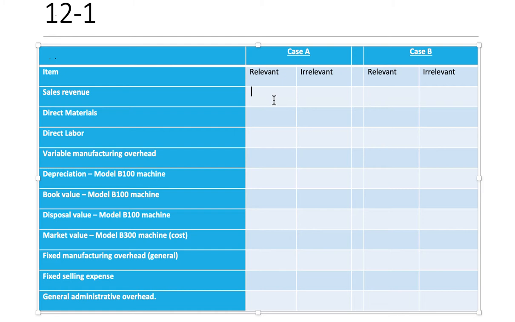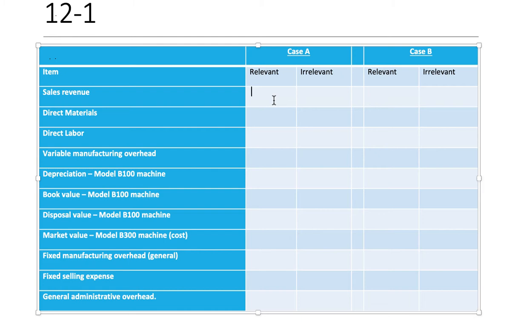It's the constrained resource. Management wants to buy a new model, model B300. They're going to use B300 in addition to model B100. The old B100 machine will continue to be used as it was before. The new model B300 machine is going to be used to actually expand production.